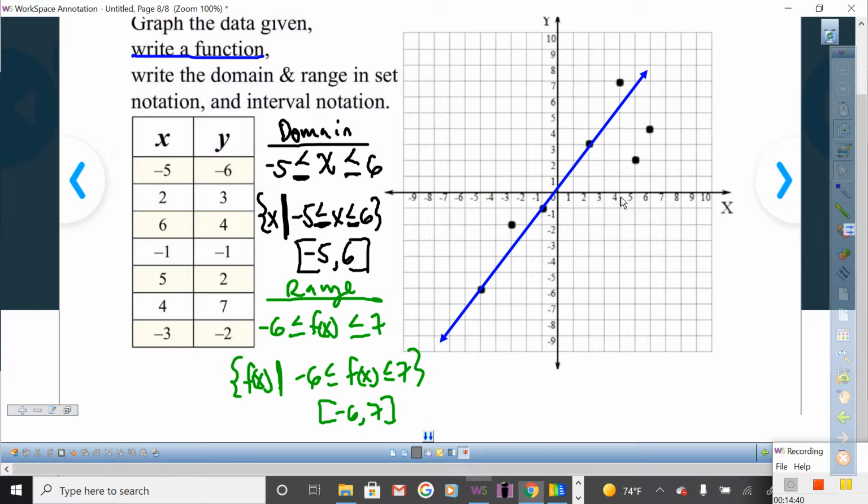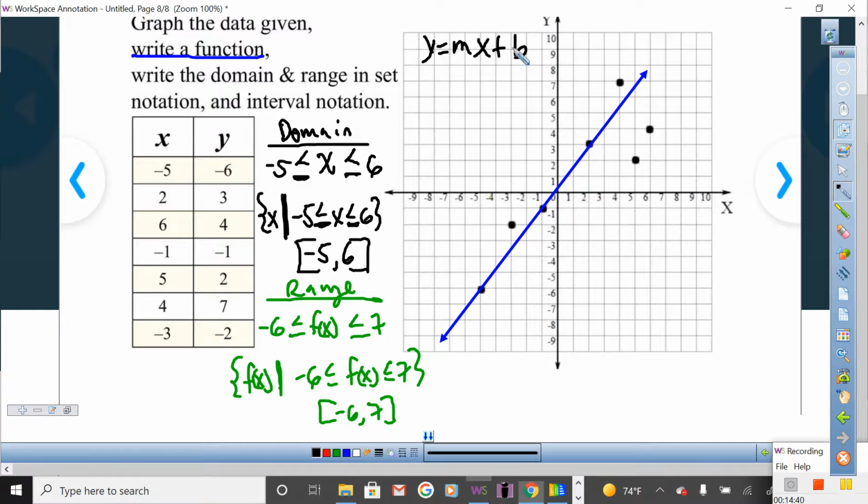Sketch your line, yes? All right, so how do we write a function for that line? Well, Mr. Q, didn't we do that on the warm-up? Yes. Y equals mx plus b.